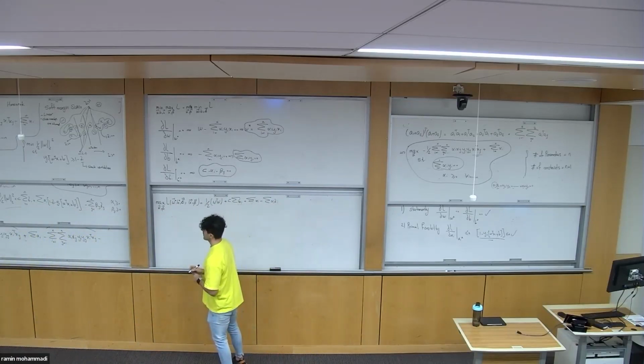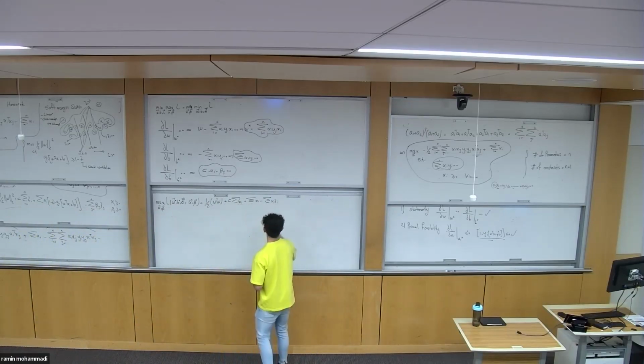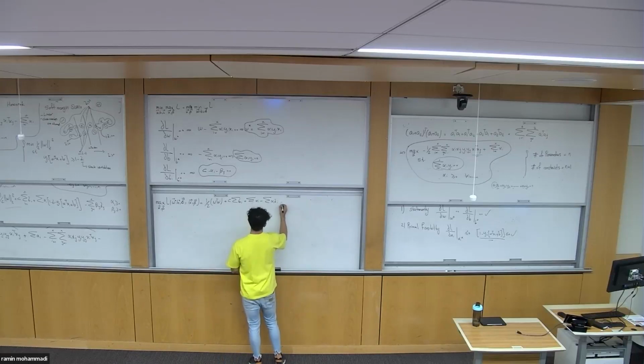Then we have alpha I, yi, W transpose xi, plus minus summation of.